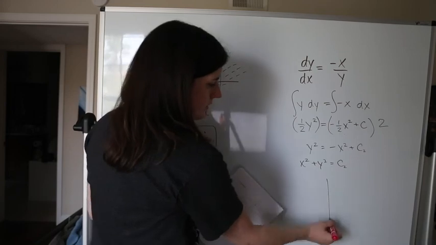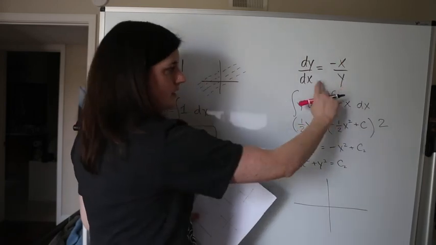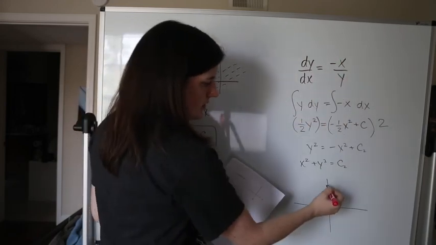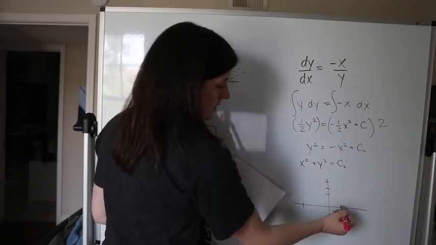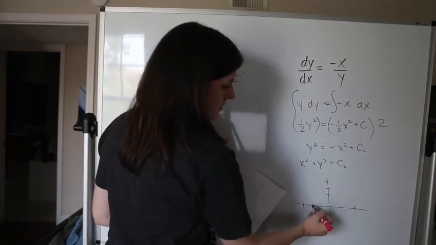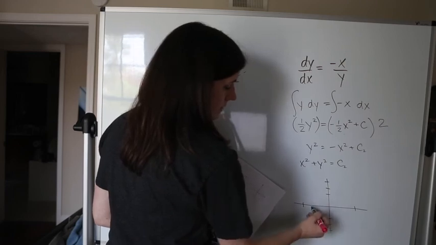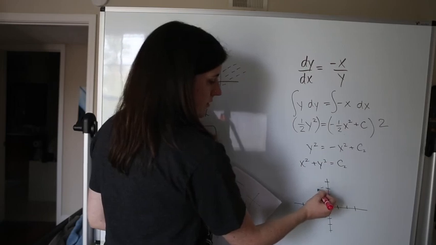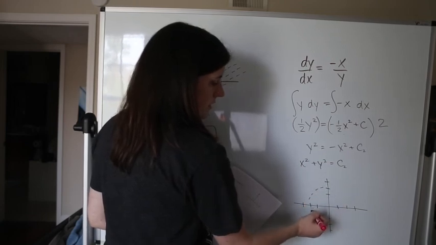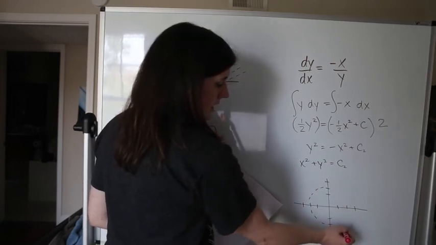So your slope field, when you plug it into this for all of your points, should match that. You should be getting these flat points somewhere, these undefined slopes over there, and then you have these other kinds of slopes like that.